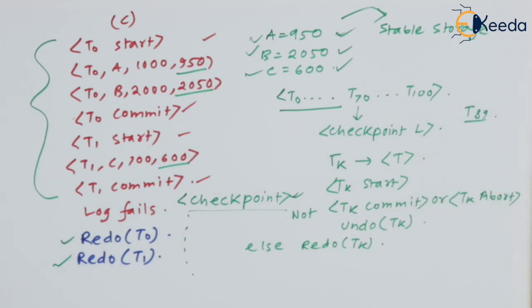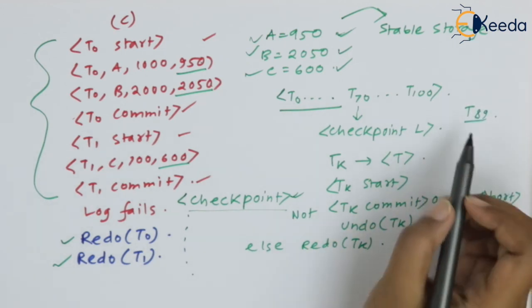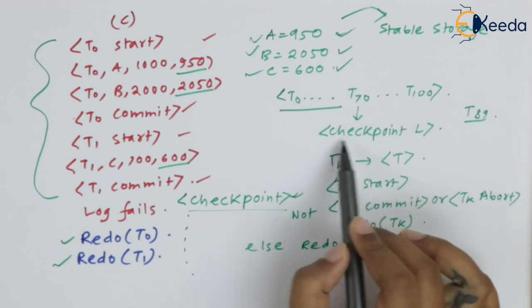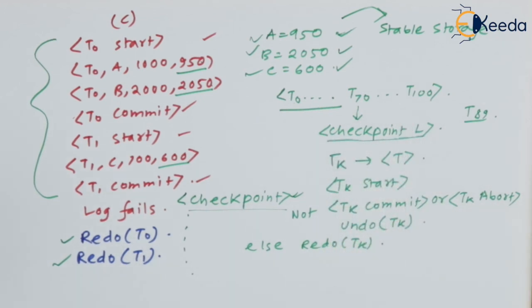So if that is found, then we perform from checkpoint L, and suppose T89 has been a problem here, then we need to perform all the redo and undo until we find this checkpoint L. That means we start from that execution of the transaction and go backwards, rolling back each transaction with the undo and redo operations until we find the start of checkpoint L. So in this way checkpoints are extremely easy and useful for us, other than the disadvantage of having to wait for the update on a disk buffer, which can be a problem for immediate database modification until we find the checkpoint.